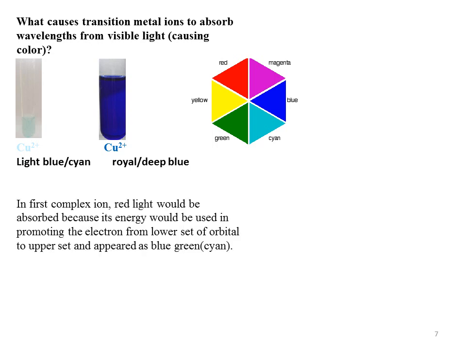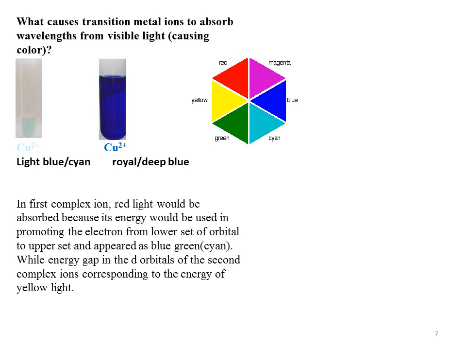In the first complex ion, red light would be absorbed and it would be used in promoting the electron from the lowest aspect of the orbital to the upper one, and red color will appear as cyan. While in the second complex, the energy gap in the d orbital corresponds to the energy of yellow light.